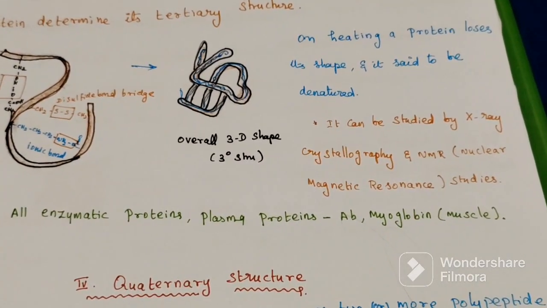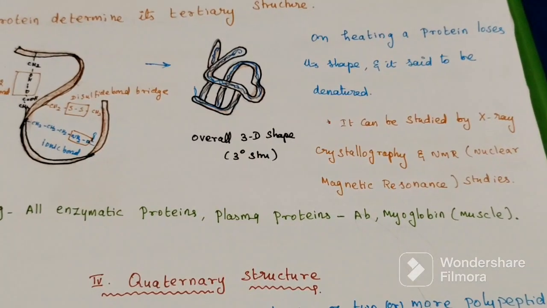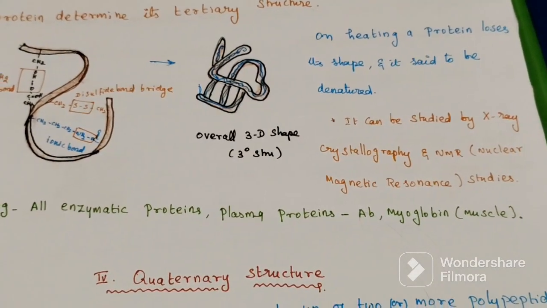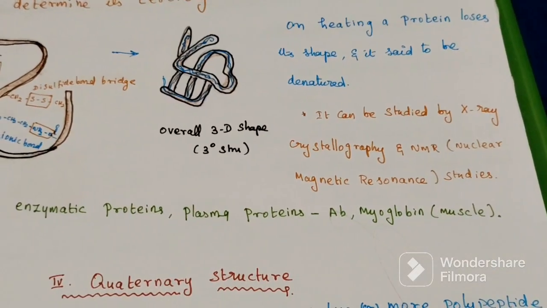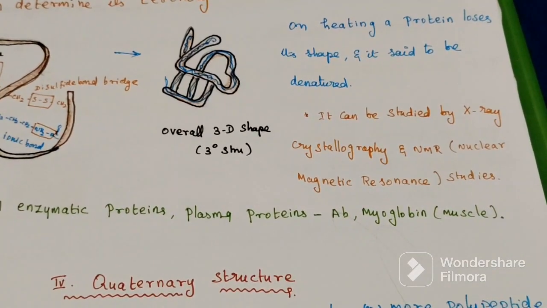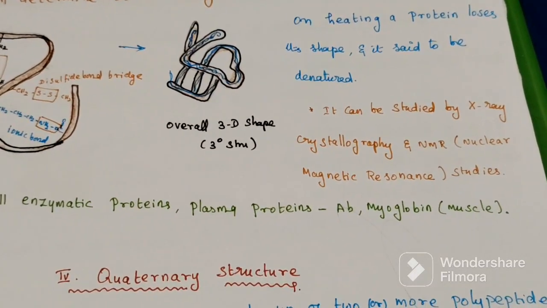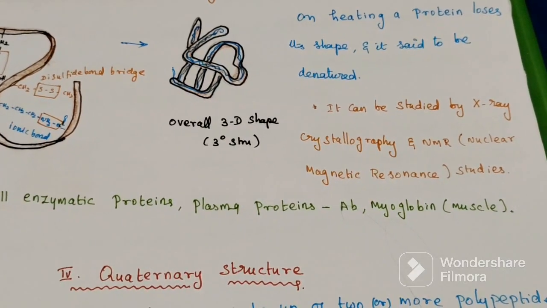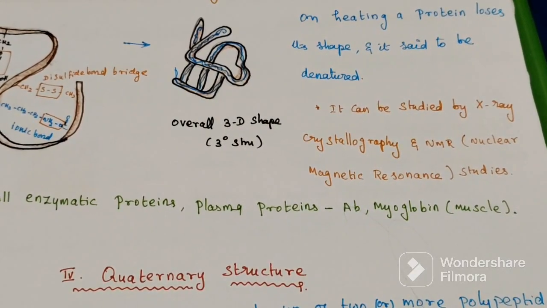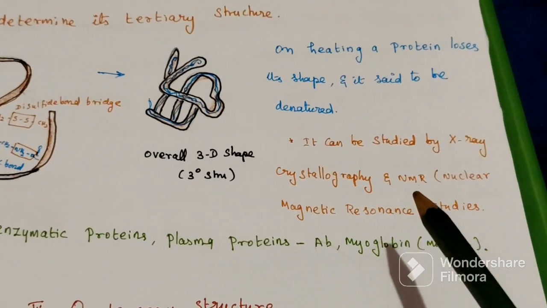Now how is the tertiary structure of protein studied? We can study it by using X-ray and NMR studies, X-ray and nuclear magnetic resonance studies. So this is the studying technique, X-ray and NMR.